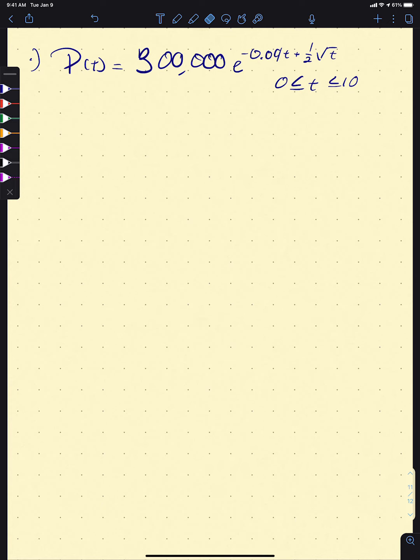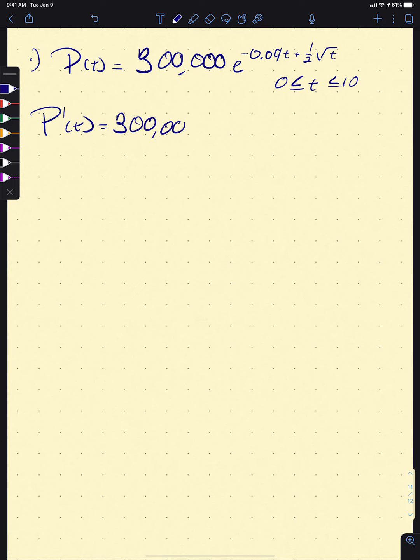Well, we studied this in depth last week. That would mean we should take the derivative, look at its critical points, and then compare that to those on the boundary. In order to do that, we're going to need to take a derivative. So let's take a look at p prime of t.